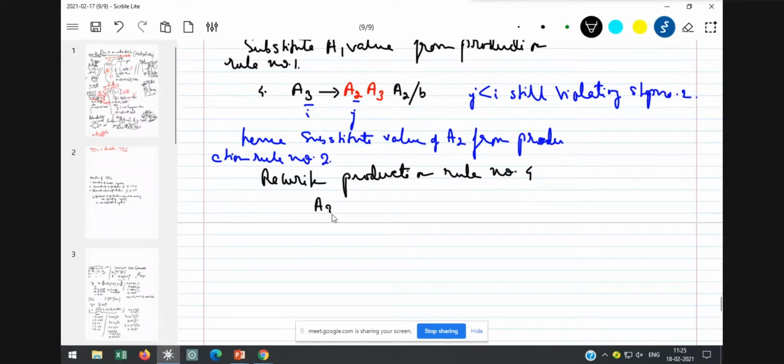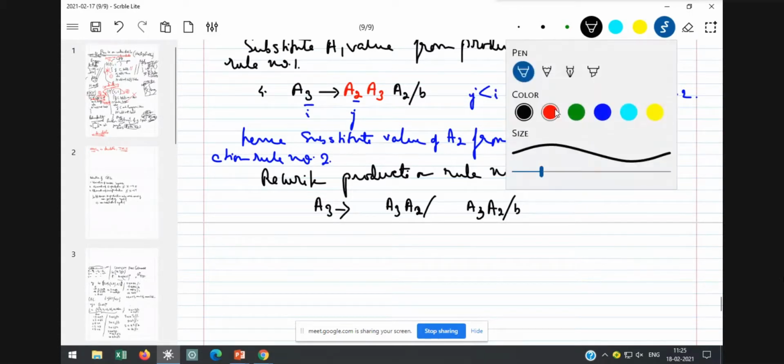Now A3 is replaceable by A3, A2, and then again A2, A3, A2, B. Don't get confused, okay?